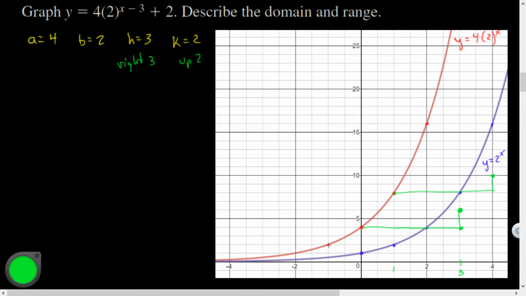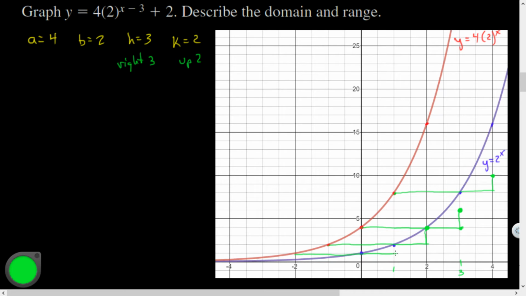So this one now gets shifted 3 to the right, so there's 1, 2, 3, and 2 plus 2 is 4. Actually, that's weird that that point happens to land on the purple graph. But there we go. And I guess we could hit one more. This was at 1 unit high, so (-2, 1). I'll shift that 3 to the right.